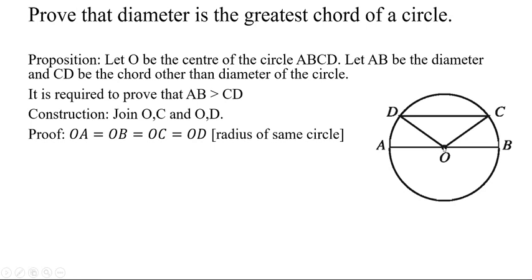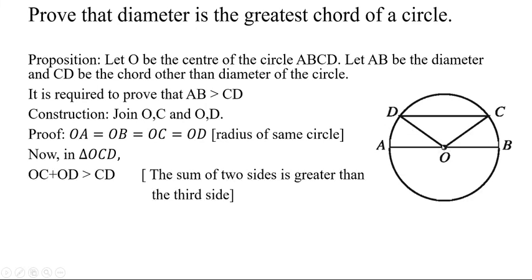Proof. Here OA equals OB equals OC equals OD because they are radii of the same circle ABCD. Now in triangle OCD, OC plus OD is greater than CD, because we know the sum of two sides is greater than the third side.